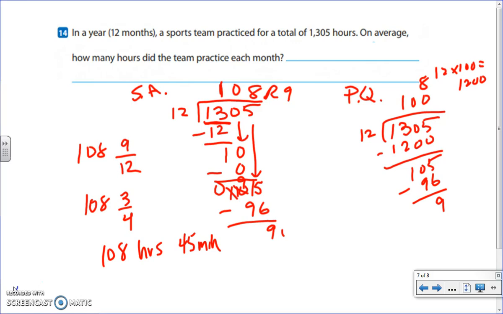And that leaves me with 9. So I don't even have one more whole 12. So again, 100 plus 8 is 108, and 9/12, which is really 108 and 3/4 hours, or 108 hours and 45 minutes.